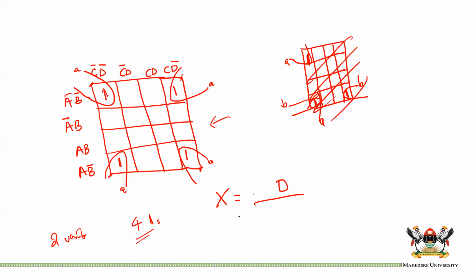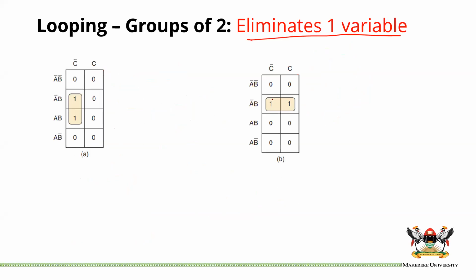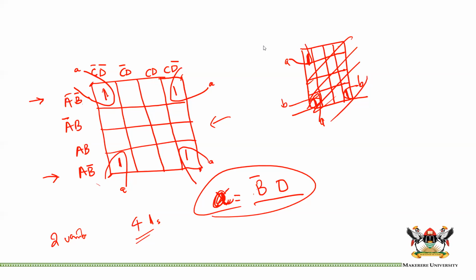So we have a D inverse. On this side, the ones correspond to A inverse B inverse and A B inverse. Again, A inverse changes to A, whereas B inverse stays constant. So the loop A resolves to B inverse D inverse. Right. Let us move on. Is it D inverse? Yes, it is D inverse. Thank you.